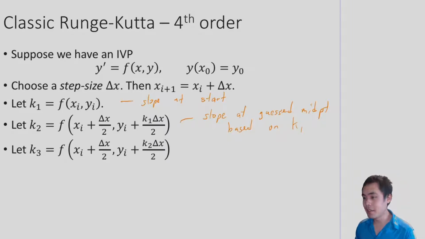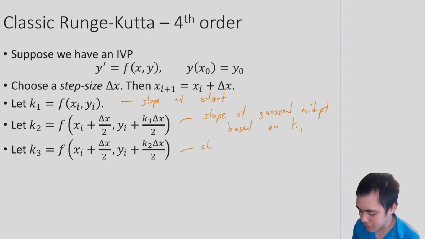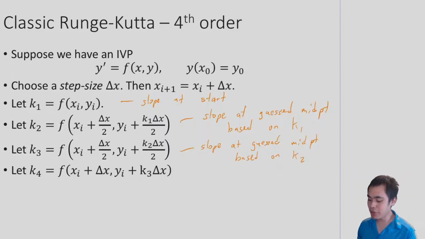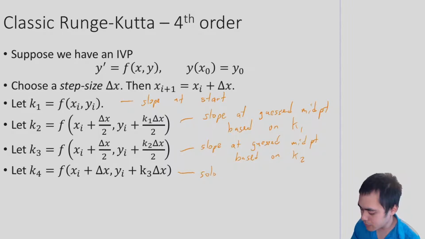And then you do it again. So k3 is the slope at the guessed midpoint based on k2. And then you do it again. And this time, instead of guessing the midpoint, we're going to have the slope at the endpoint.